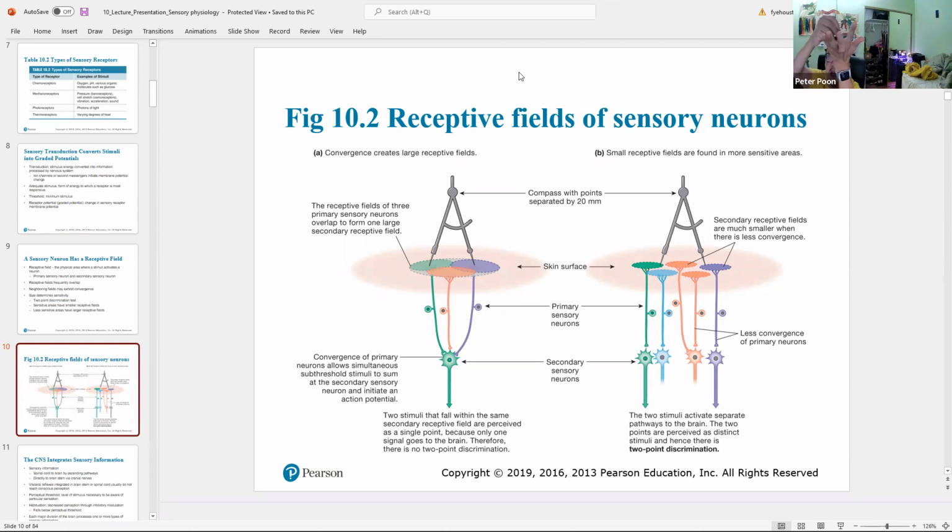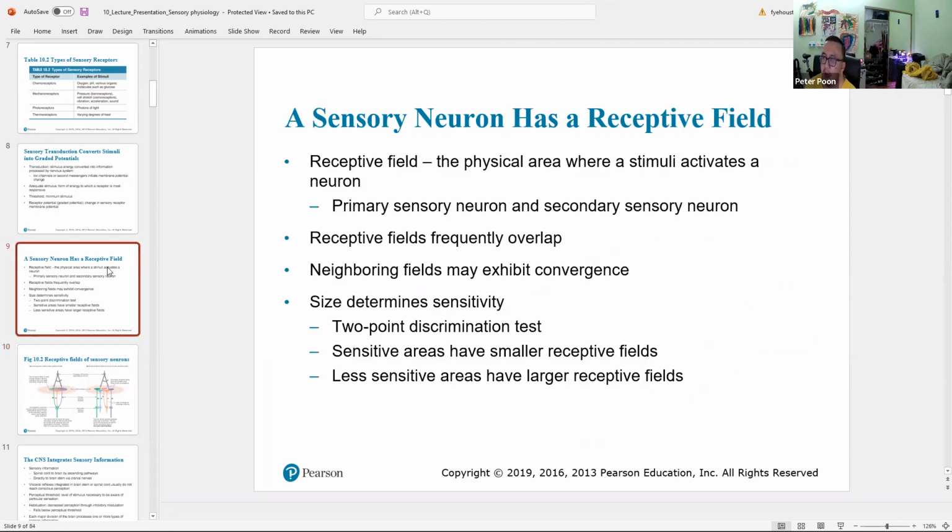But if I put them in very close locations, I sometimes feel them as 1 point. In one of your labs, you will do a 2-point discrimination test, determining 2 touches from 1 touch and where the sensitive areas on the body are.